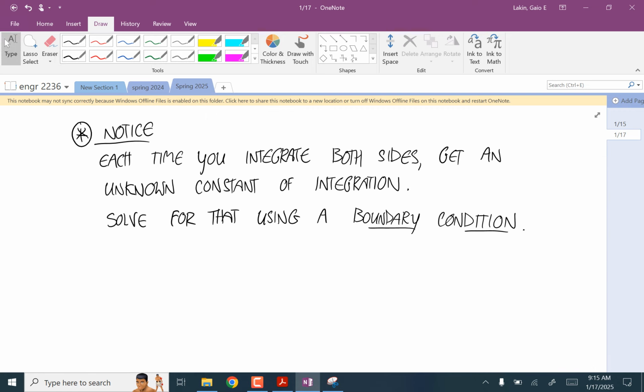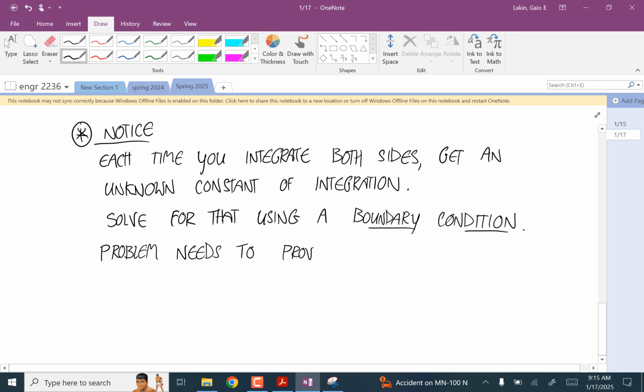And so in order to come up with a full solution to this problem, the problem needs to provide one boundary condition, I'll write it as BC, boundary condition, for each integration step.